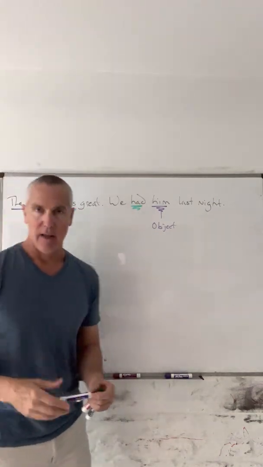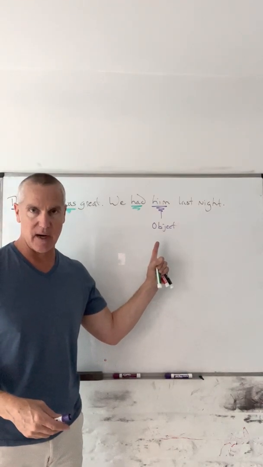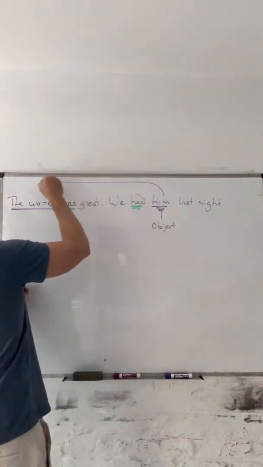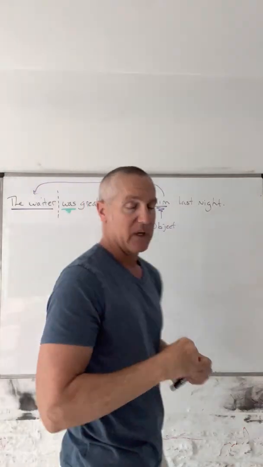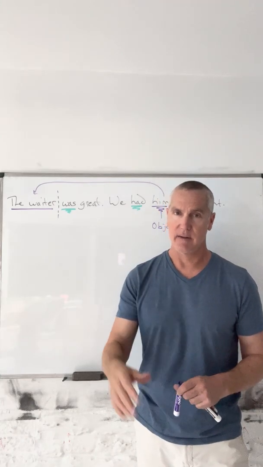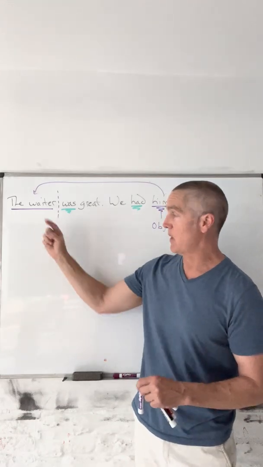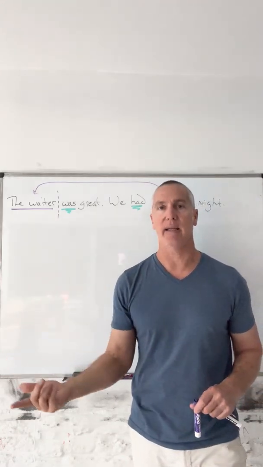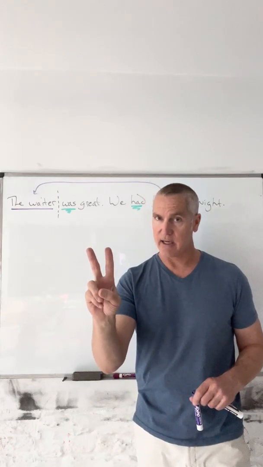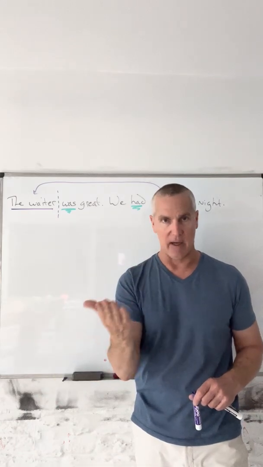So, again, the reference in the second sentence is an object right here, and that object, him, refers to the waiter. So, we're going to have, for this sentence, 4 possible options. Because the waiter is a person, automatically we get who and that. And then the 2 extra options are going to be whom or nothing, no pronoun.